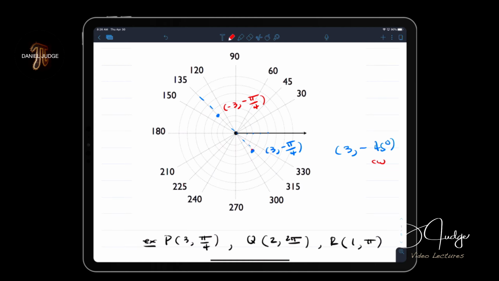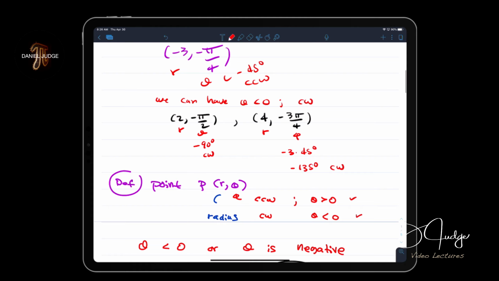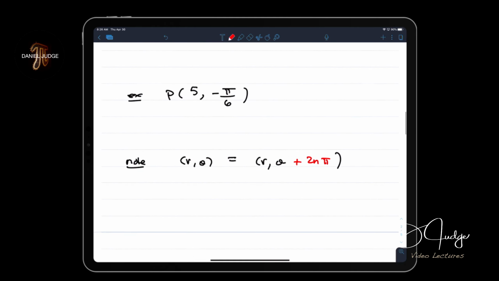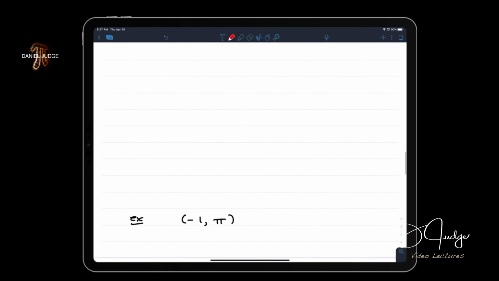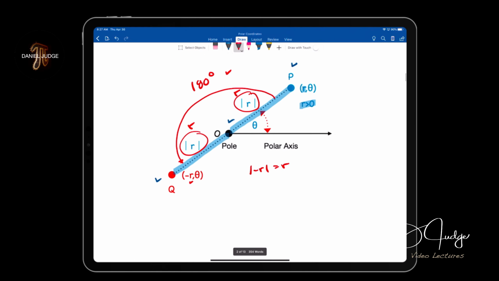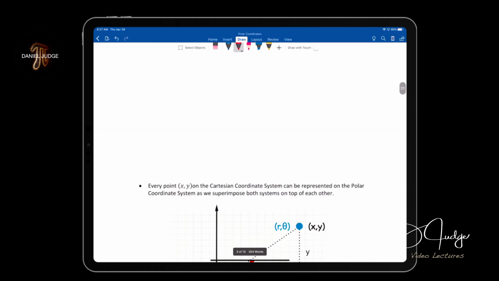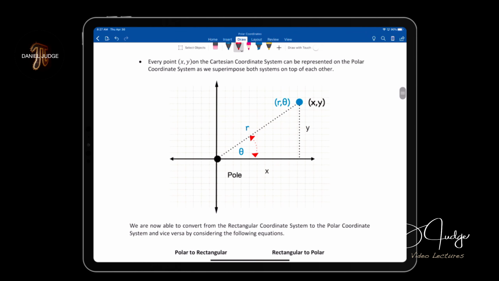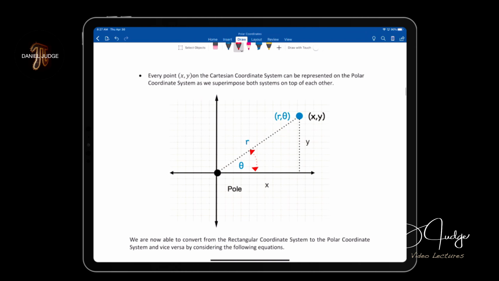And then you might say to me, well, okay, I remember plotting points. We also have this idea of conversion. What I wrote in our notes here is that every point in the Cartesian coordinate system can be represented on the polar coordinate system as we superimpose both systems on top of each other. So here's where we start to get some nice, interesting definitions.